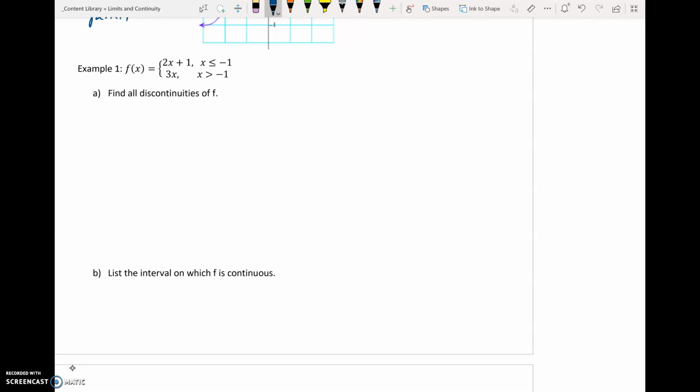But first, we're going to state that this is a polynomial, and they're continuous everywhere. So the function is continuous from negative infinity to -1 for this one, and then from -1 to infinity for this one. So we're going to state that first.